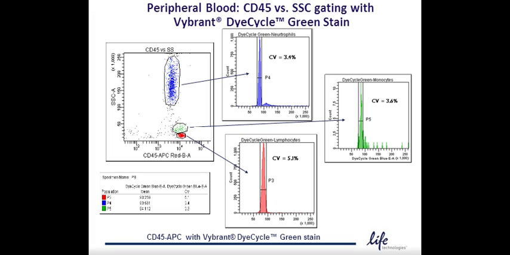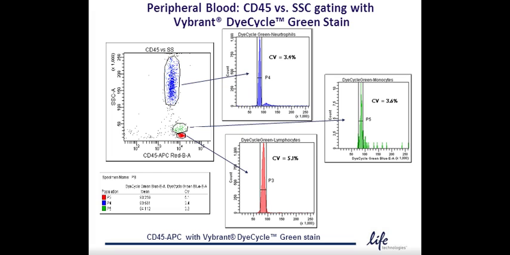Here is an example of one of the uses that can be done with a live cell cycle dye. This is human whole blood that has been treated with ammonium chloride to lyse the red blood cells, and then labeled with a CD45 APC direct antibody conjugate and with Vybrant DyeCycle Green. The white cells show the 3 populations of neutrophils, monocytes, and lymphocytes by the CD45 versus side scatter plot.